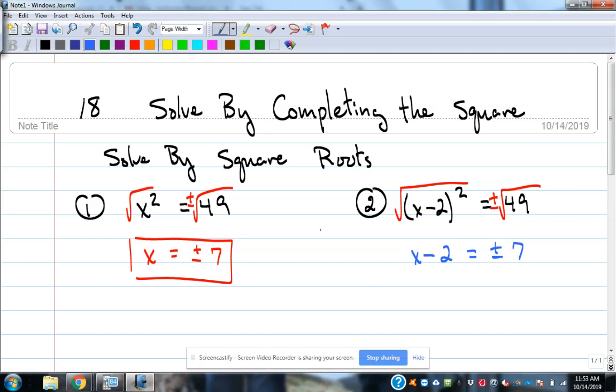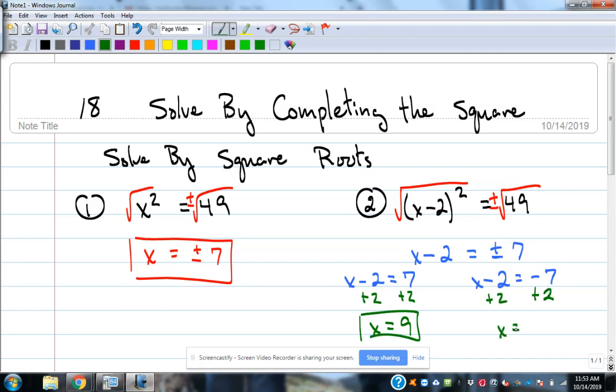So we need to set up two equations. x minus 2 equals positive 7. x minus 2 is equal to negative 7. And then solve those. Add 2. x can be positive 9. Or negative 5. Those are our two solutions for that problem.